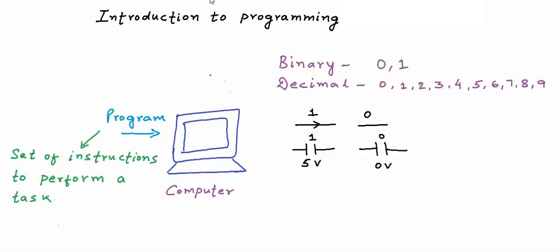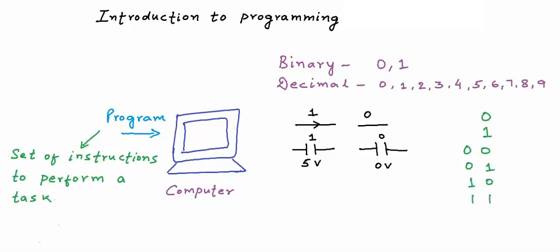If we use only one wire or one capacitor, we can signal or store only two possible values, 0 and 1. But if we use two wires or capacitors together, we can signal or store 4 possible values in binary: 0 0, 0 1, 1 0 and 1 1.